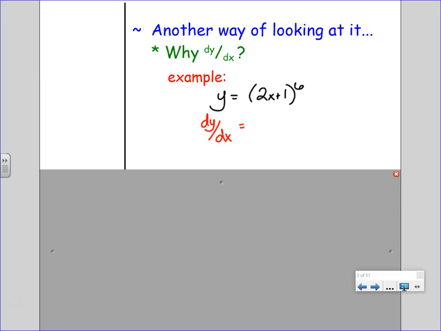Write 2x plus 1 six times and do lots of multiplication, then use the power rule? What are we going to do? Bring the 6 down. Keep the inside the same. Derivative of the outside, bring the 6, make it a 5, keep the inside the same, times u prime, which is? Why is that times 2 necessary?